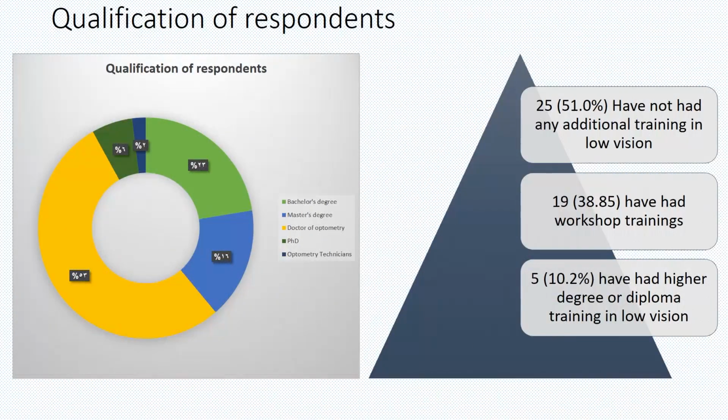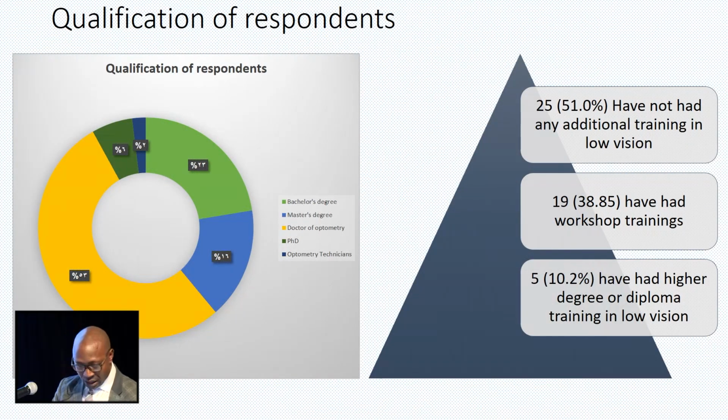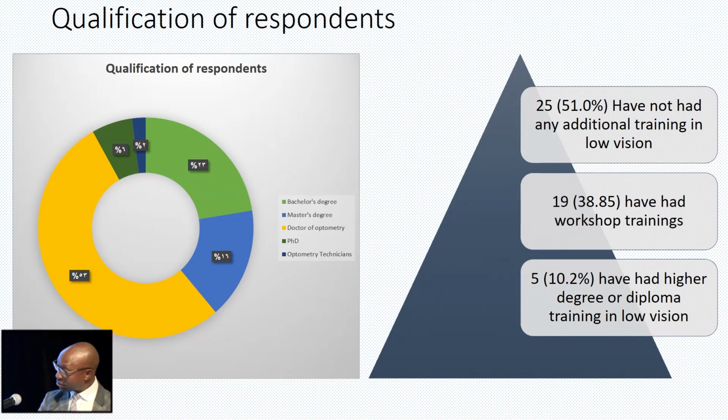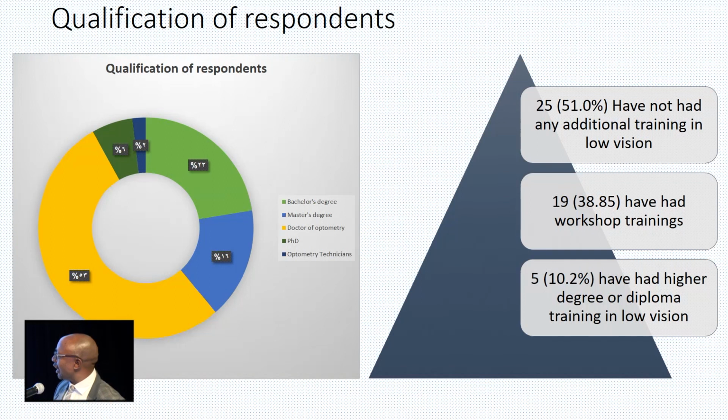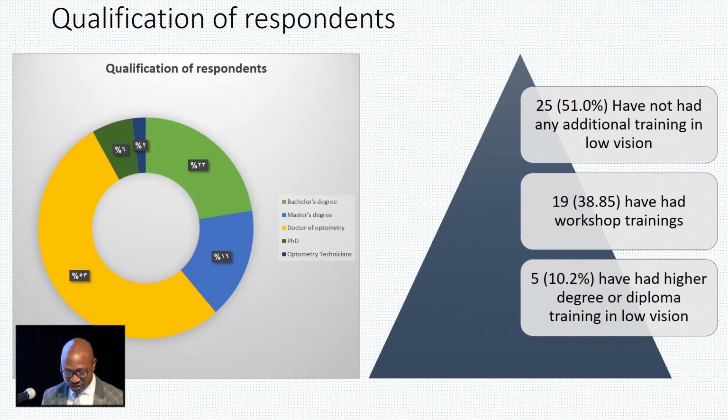Now, the qualification of the respondents: you'll find that a large chunk of them, my slide has been turned to Arabic font, okay, I'm sure all of you will know that percentage, the yellow slide there, so that's a large chunk, have ODs, and some have a bachelor's degree, and there was one person with optometric technician. This is just an aside.